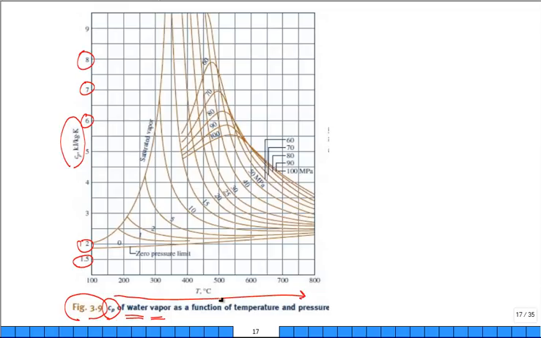If you wanted to evaluate steam at, say, 500 degrees and 20 megapascal, you would find the specific heat at constant pressure right there. It does vary. It's not a constant for superheated steam. This map shows us how it varies.